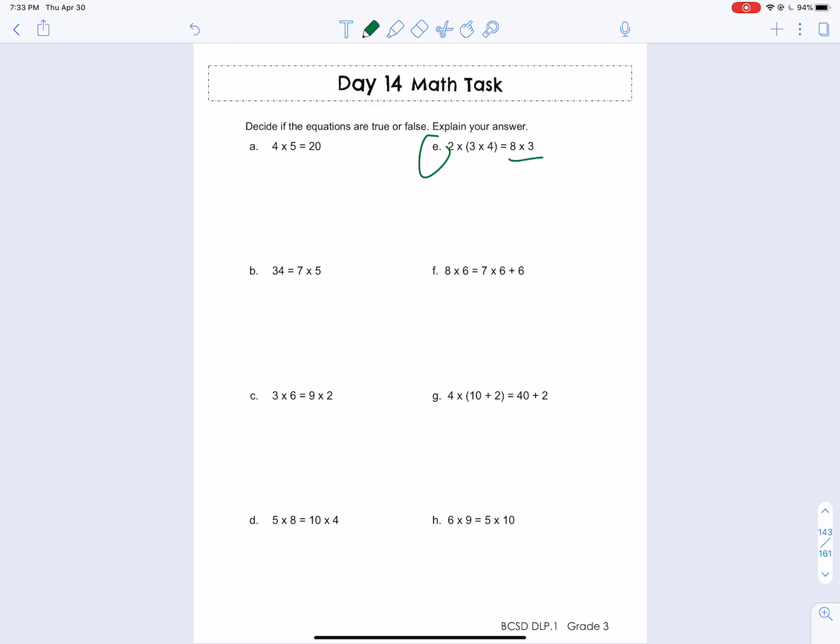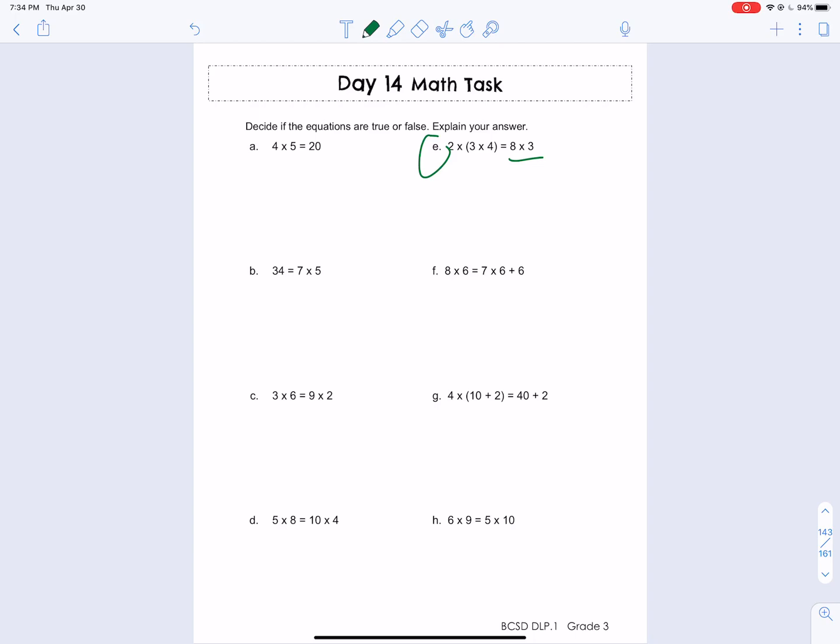Well, sometimes when we get equations, you're going to have more than one number after the equal sign because there is no rule that says you always just have to have one number or a specific answer, product, or sum after the equal sign. Sometimes you will have more than one number, and what you're really being asked to do is decide whether or not both sides of the equal sign are balanced or equal, okay?